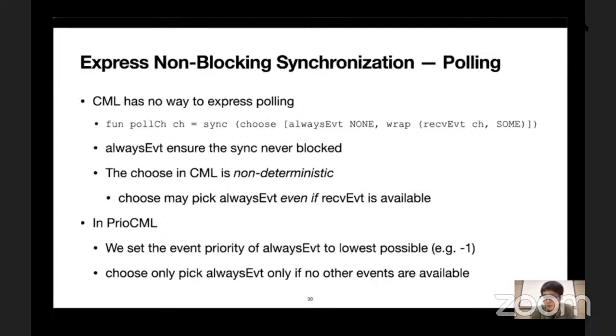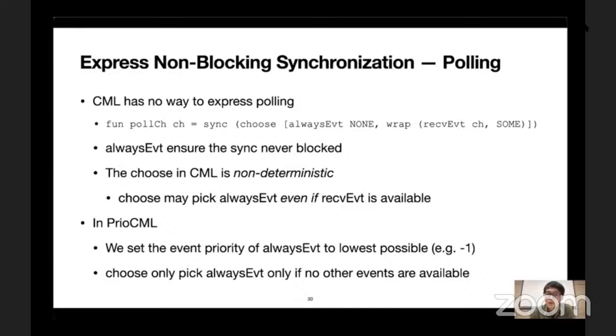CML has no way to express polling. Consider the following code snippets. Here we have a polling function taking a channel, and it performs a choose between an always event and a receive event. Note that the always event is to ensure the synchronization is never blocked, and the choose in CML is non-deterministic.